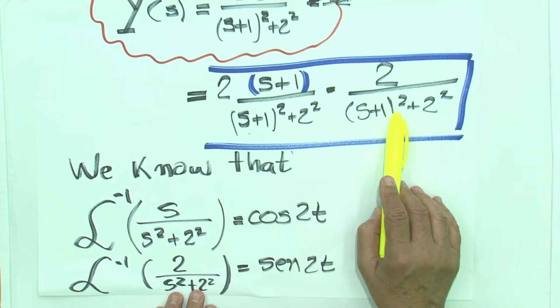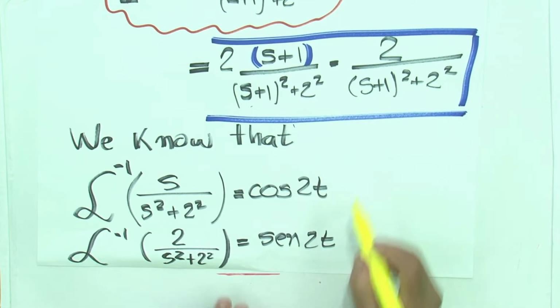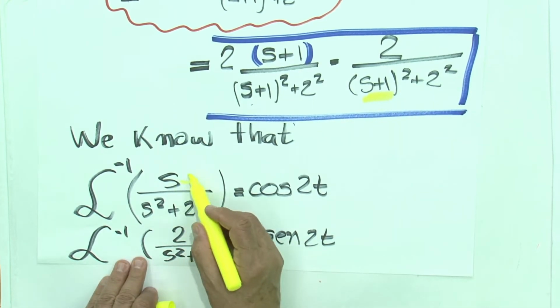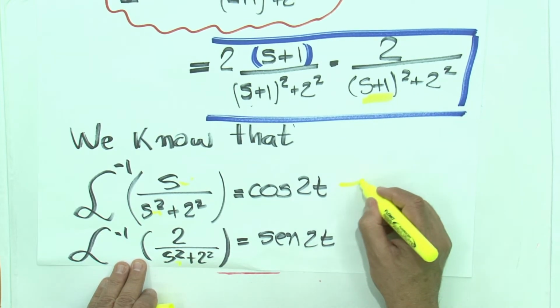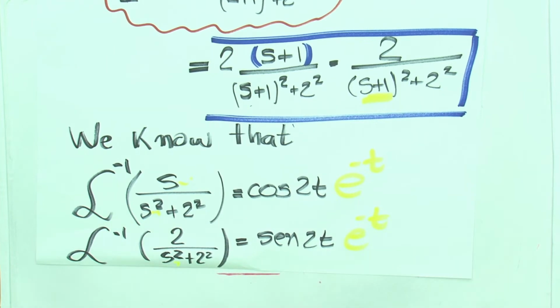Right? I also displaced it by 1. Because you see, when I displace by 1, it's like putting minus 1 here, minus 1 here, minus 1 here in the s, it is like multiplying this by my exponential of minus t. I showed you, right?